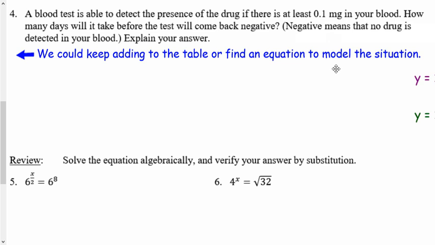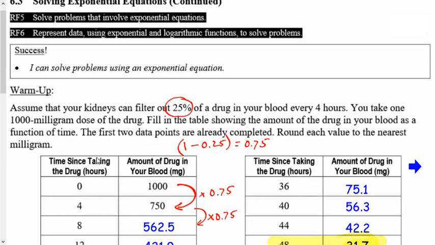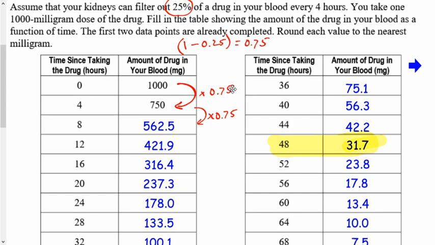Or we could create an equation. So notice as we constructed our table back here on this page, we kept multiplying by 0.75 time after time after time. And so if we were to try to figure out an equation, what happened?